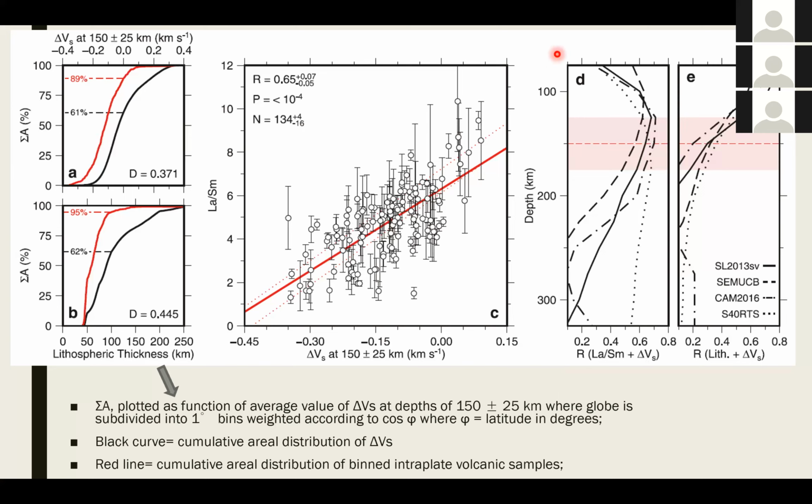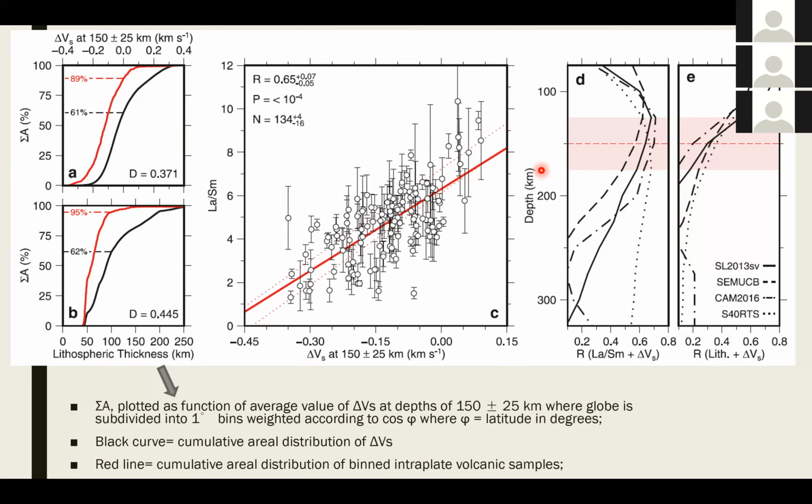In Figure D, they use different tomography models. This result shows the same pattern: correlations between La/Sm ratio and delta velocity are observed at depths of 150 to 200 kilometers, where the influence of lithospheric thickness change seems to be negligible.